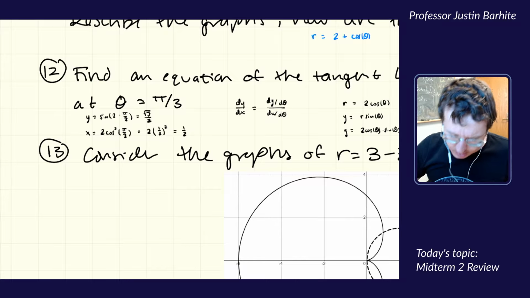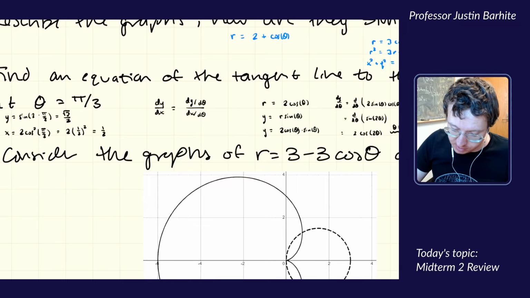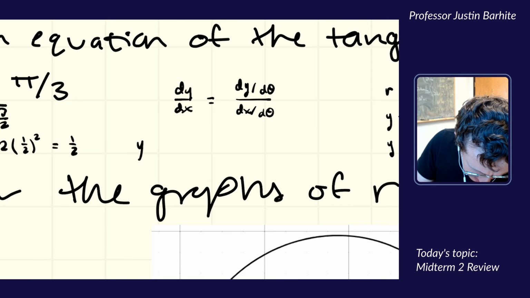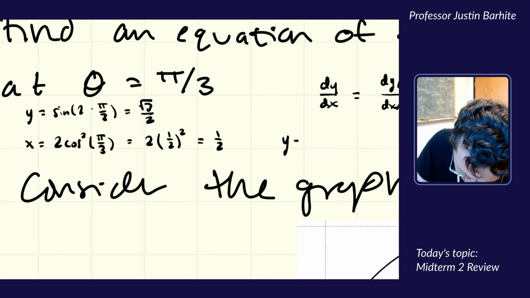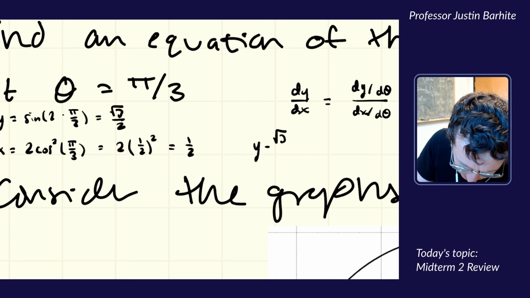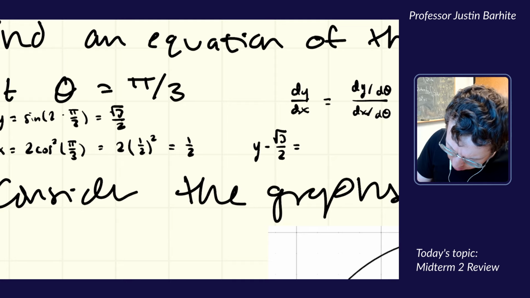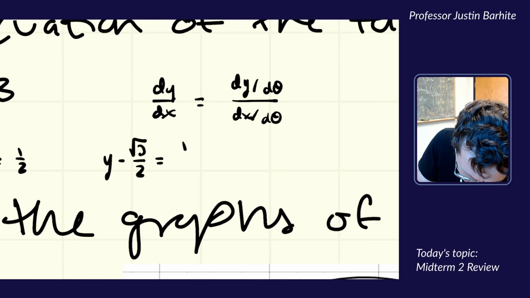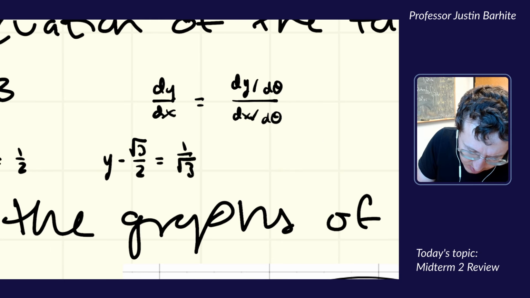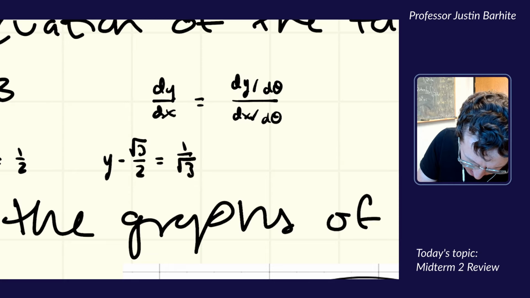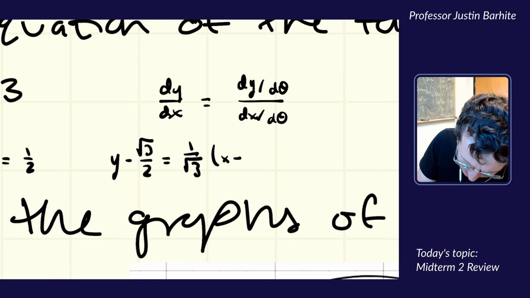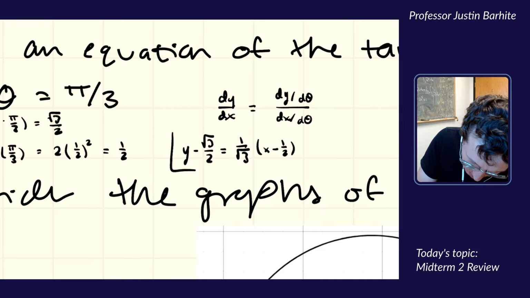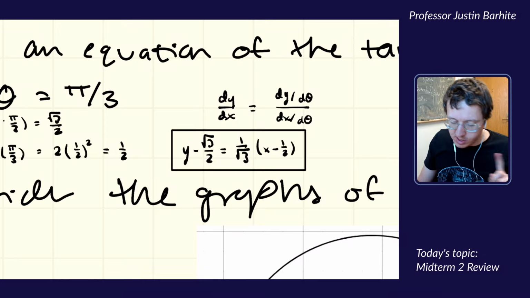Okay. So the tangent line, I guess, would be y minus root 3 over 2 equals m, which was 1 over root 3, times x minus 1/2. I want to check if this is right.